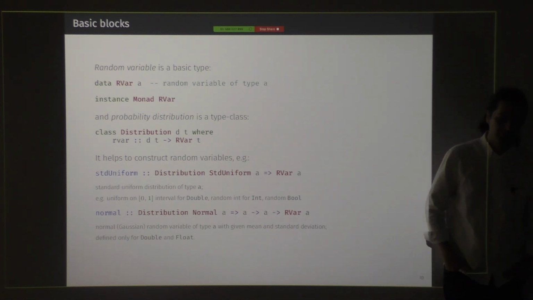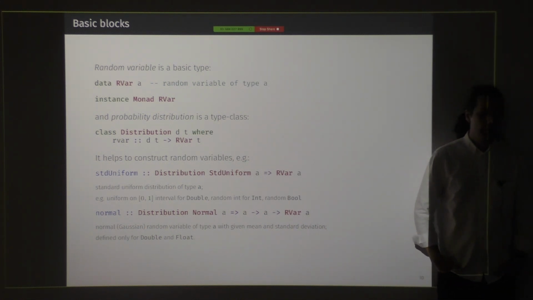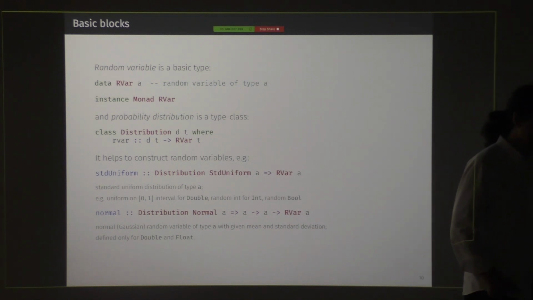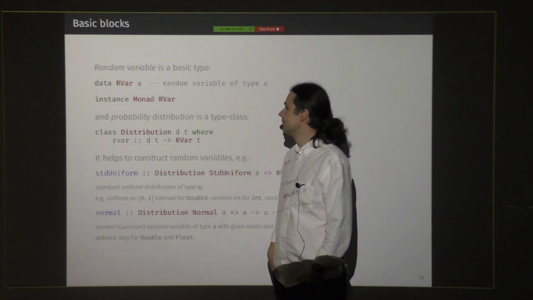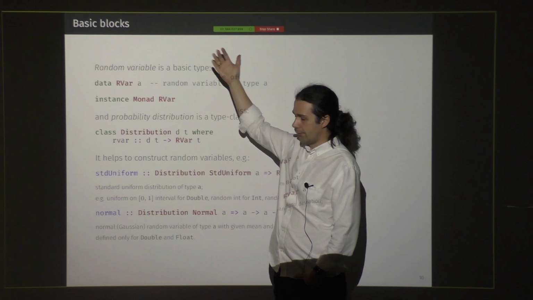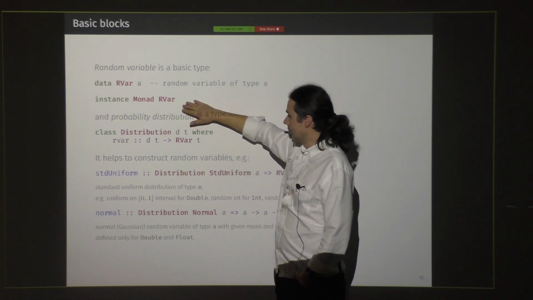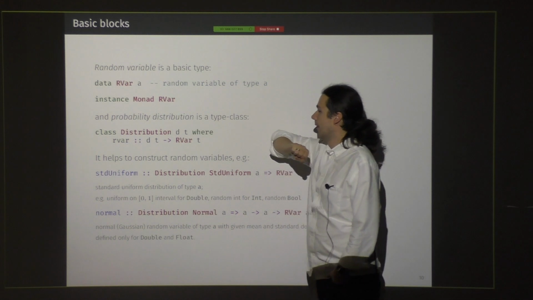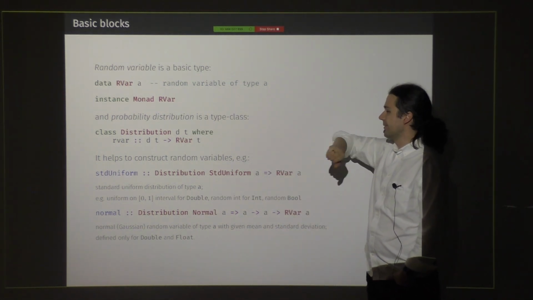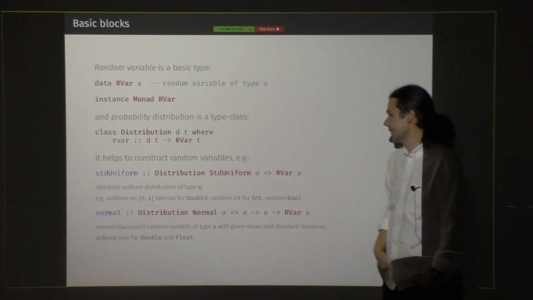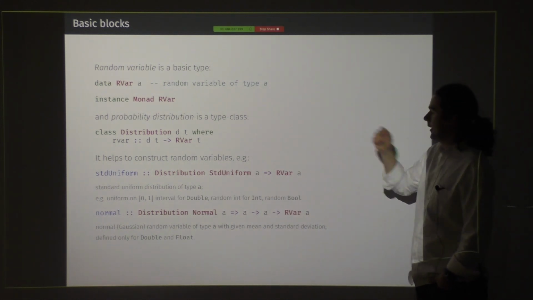So now we are starting to do real Haskell. All that is implemented in the random-fu package, and two packages that it depends on. The basic type is the random variable, defined differently, but it has a monad instance. There is also a helper type class, Distribution, which is basically used to construct random variables by functions like that.